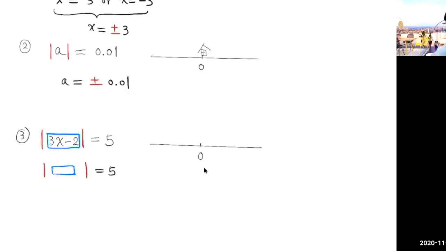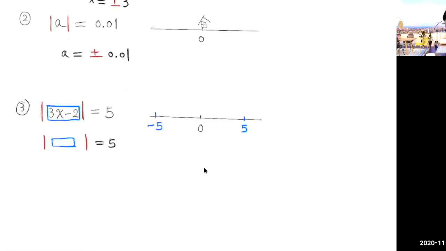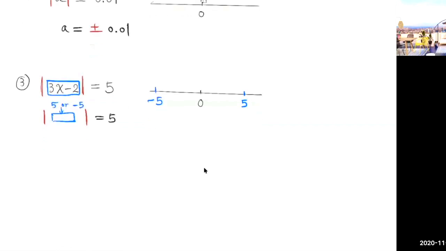Some of you will say it is 5 or -5. Both of them have an absolute value equal to 5. So this expression could be 5 or -5, if we represent a single number. By doing this, you can break this down into two equations.